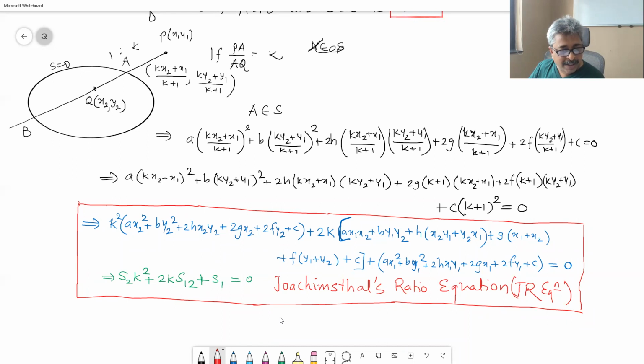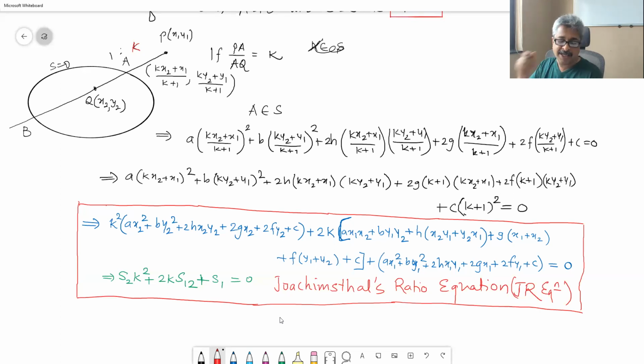So what is this k? This is a quadratic equation in k, and if we solve it, we will get two values of k. That is correct, we wanted two values of k. k is the ratio in which A divides PQ. If Q is anywhere on this variable line, then PA upon AQ will be k1 and PB upon BQ will be k2. Those are the roots of this equation, if Q is moving on the variable line.